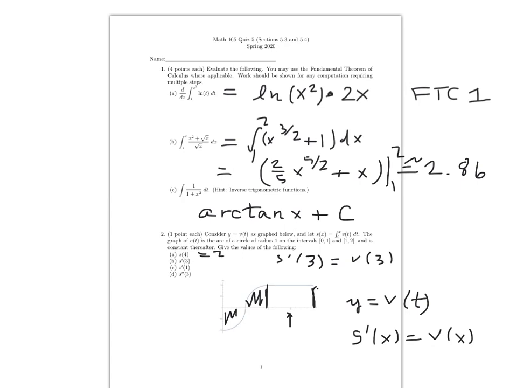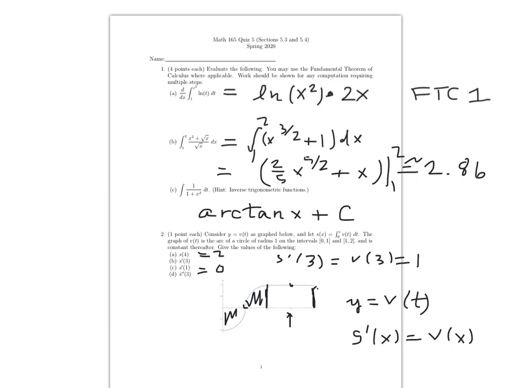And so I look at 3 and I go up to the graph and I see that the height there is 1. Likewise, S prime of 1 is v of 1, and v of 1 is 0.